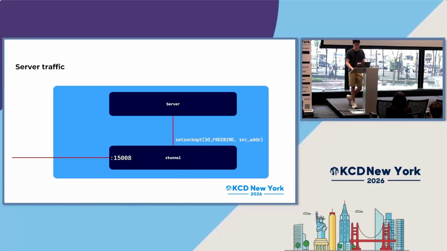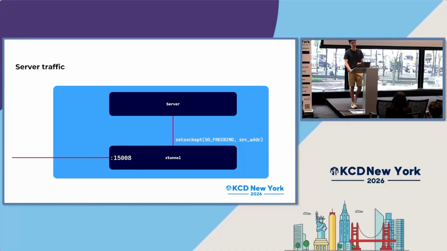But it's not so simple because it'll call the set socket option called IP_FREEBIND. And this allows ztunnel to bind to the address of the client's pod IP. So if you inspect the IP packets, the source IP isn't that of the server, isn't that of any ztunnel, it's actually that of the source pod.